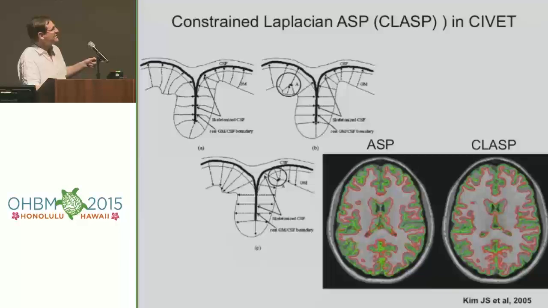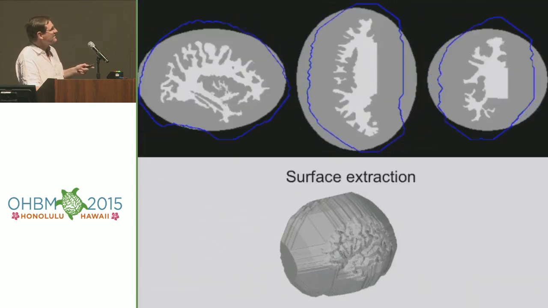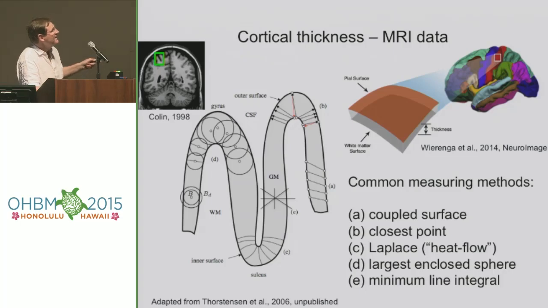The CIVET approach is using a constrained Laplacian approach, similar in spirit to the Jones Laplacian approach in voxel space, but this is now being applied in the surface space to evolve the surface from the white matter surface to reach a skeletonized version of CSF. The skeletonizing overcomes the partial volume problem, which I'll explain a little further in a moment.